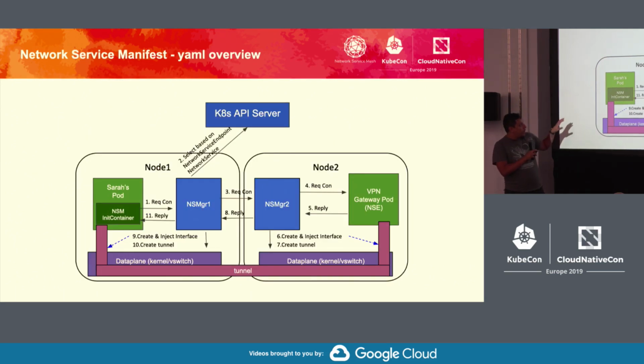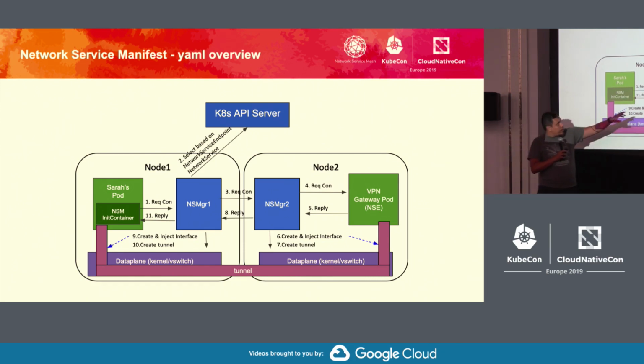In the multi-node example, we have a request connection with that local mechanism as we had before. It'll connect to the CRD or to the Kubernetes API server to work out which network service manager I need to connect to in order to gain access to that system. Once it knows it's NSM manager 2, it'll send that request over to NSM manager 2.